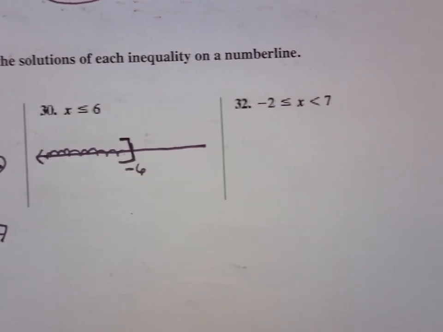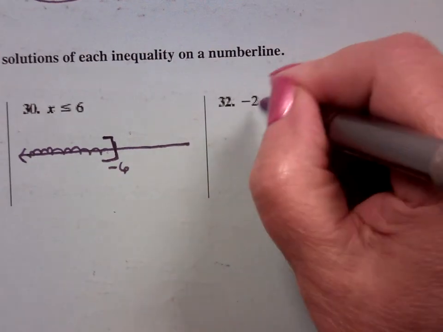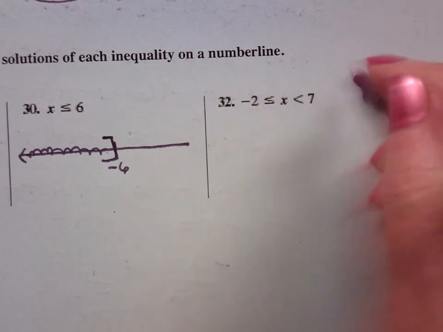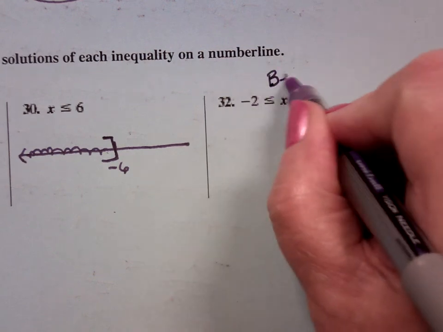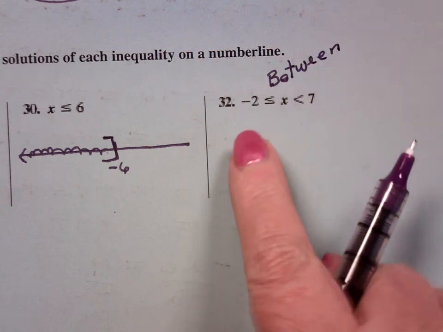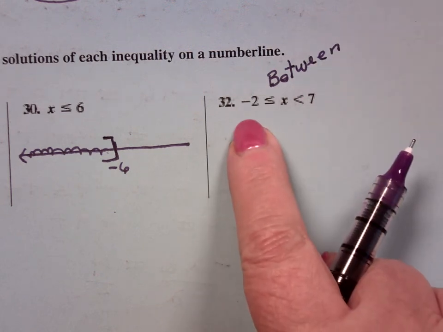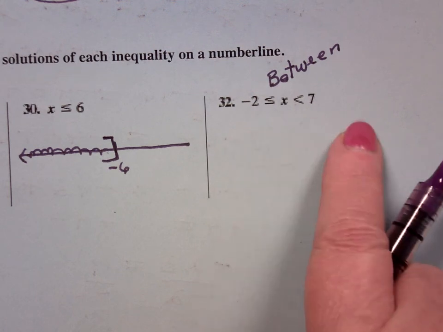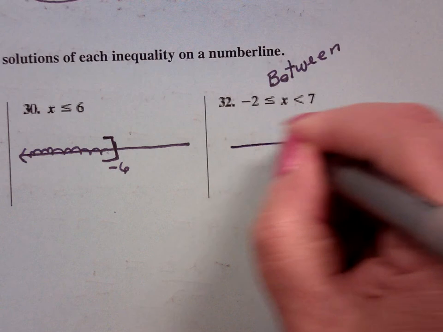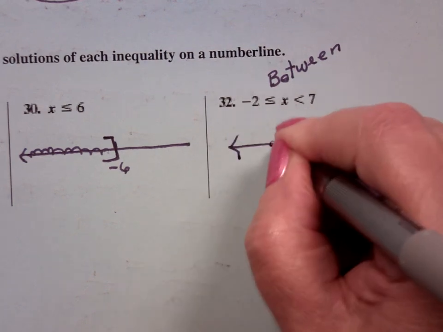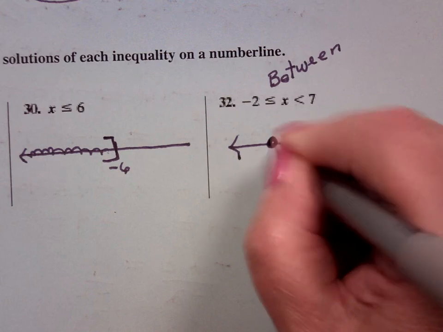This says x is going to be bigger, or actually the word I would think for myself is the word between. I'm looking for numbers between -2 and 7. I include -2, I don't include 7. So I drop my number line. If I include -2, that's a solid dot.